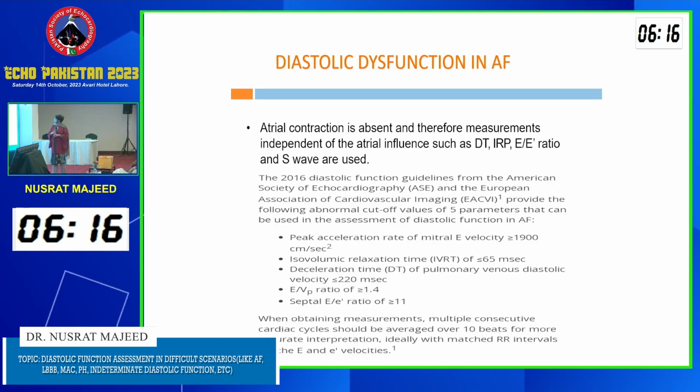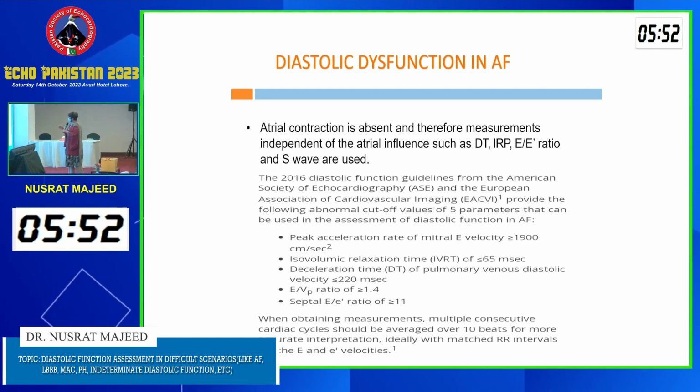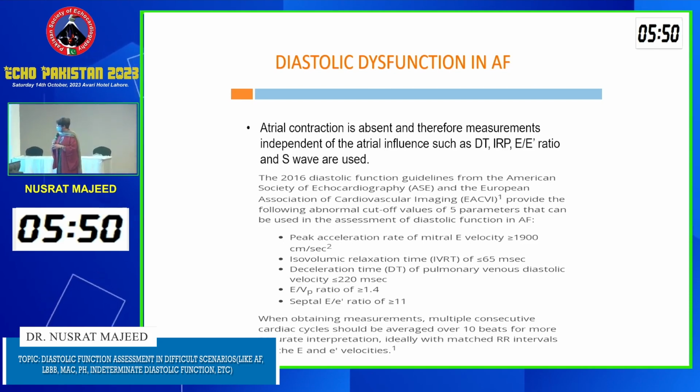Now, diastolic dysfunction in atrial fibrillation. It's sensible to assume that here the parameters should be independent of atrial activity. You can see peak acceleration, isovolumic time is shortened, deceleration time is a little high, and septal E/E dash is greater than 11.